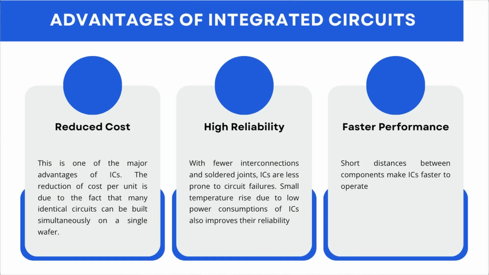High reliability: with fewer interconnections and soldered joints, integrated circuits are less prone to circuit failures. Small temperature rise due to low power consumption of ICs also improves their reliability. Faster performance: short distances between components make the ICs faster to operate.